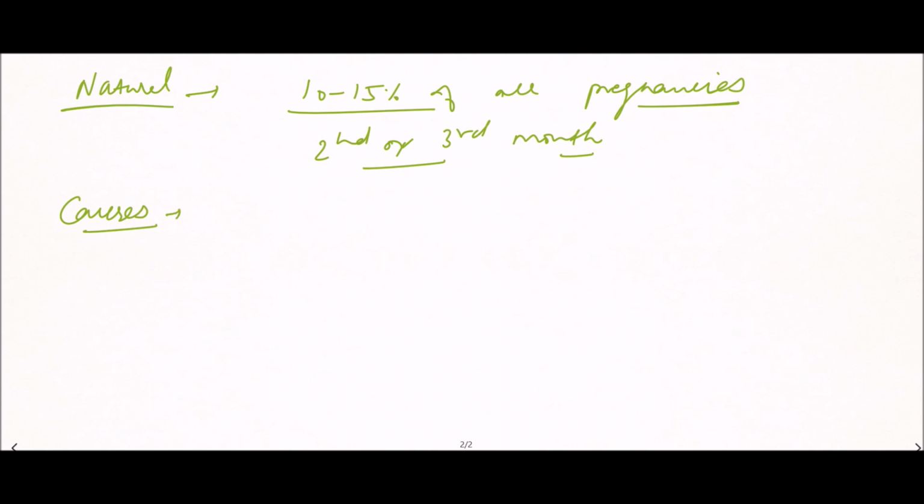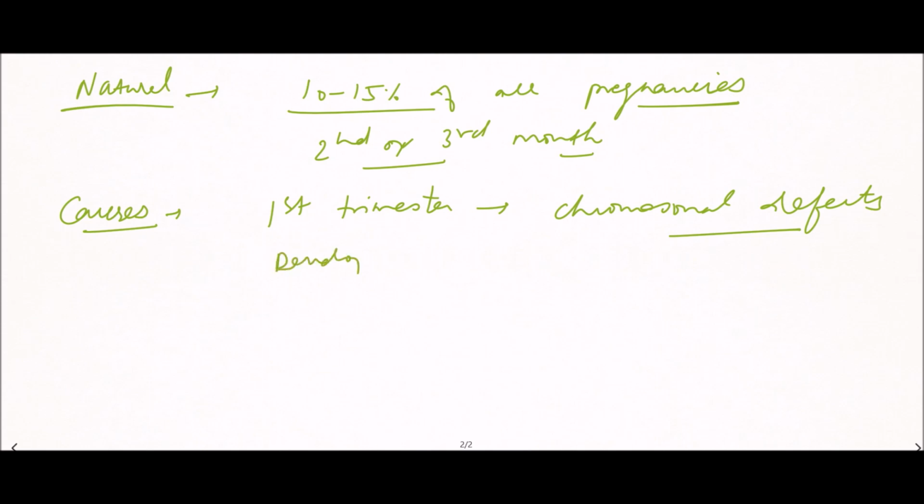First and the most important, in first trimester, is the chromosomal defects. Now maybe other causes may be like developmental defects of fetus. There may be RH incompatibility.